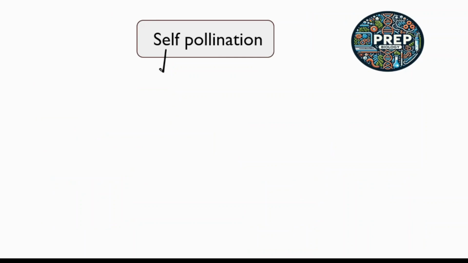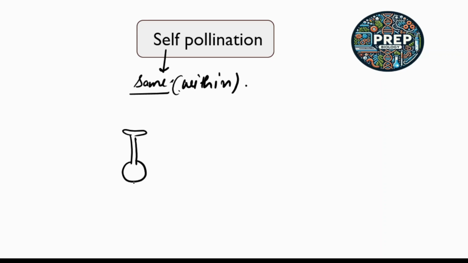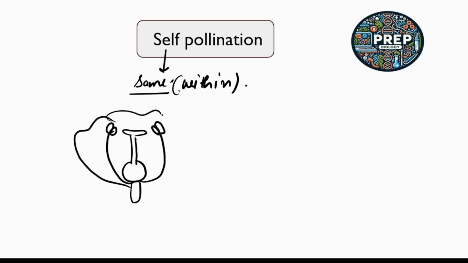Self-pollination, as the term suggests, self means same, within. So the transfer of the pollens from anther to the stigma within the same flower, that is called self-pollination.